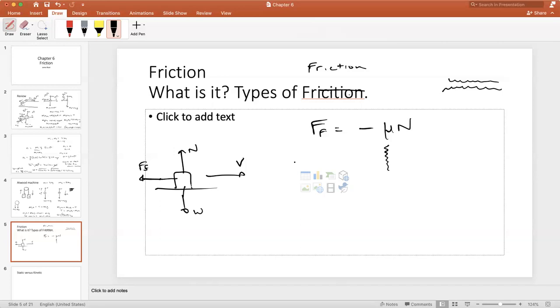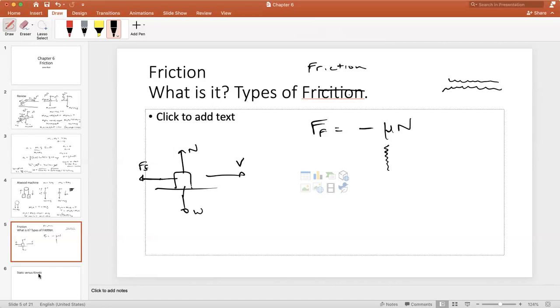But we just do everything we've done so far for chapter 5. If there's friction, we just add another force. There's a few little considerations we have to make for that friction force that aren't so straightforward. It's not as easy as just slapping another force in the free body diagram, but in some ways it is.